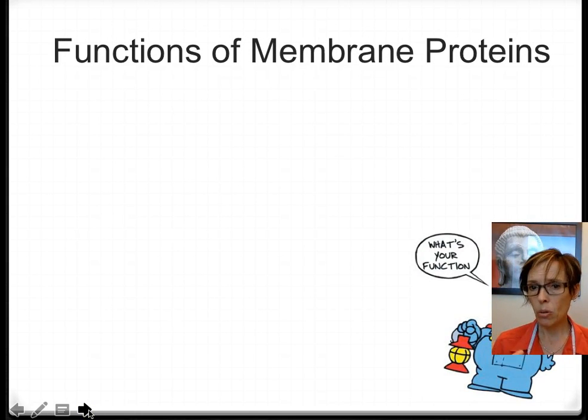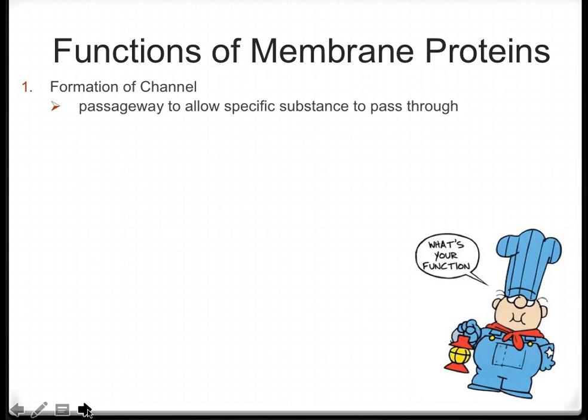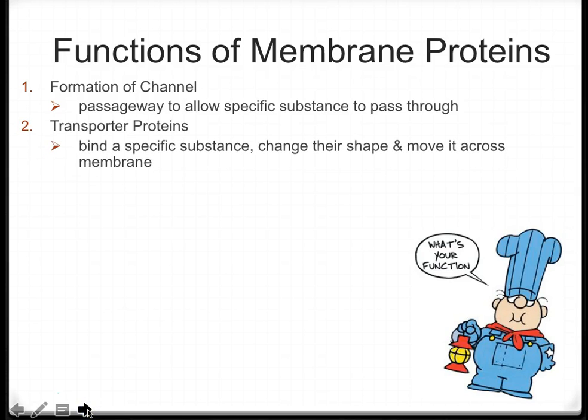So let's talk about some other functions of these membrane proteins. As I mentioned, they form channels. This means it allows, again, certain things to go through. Some of them are transporters.